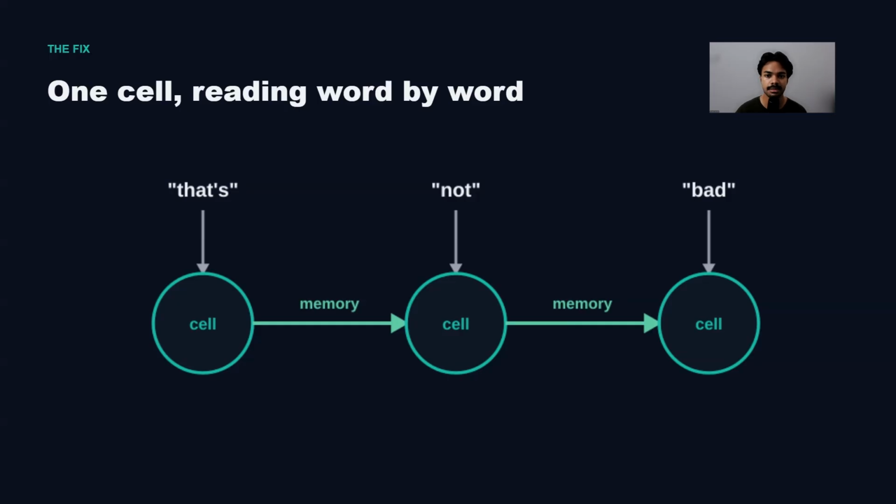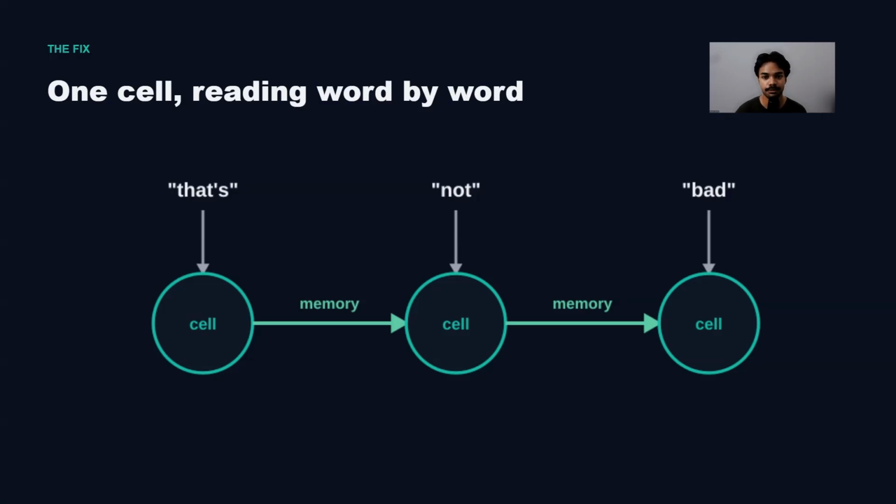So, here's a fix. And it's a small change with a huge consequence. Instead of one giant network staring at the whole sentence at once, imagine one small network cell that processes just one word. It reads word 1 and produces two things: an output and a summary of what it's seen so far. Call that summary its memory.